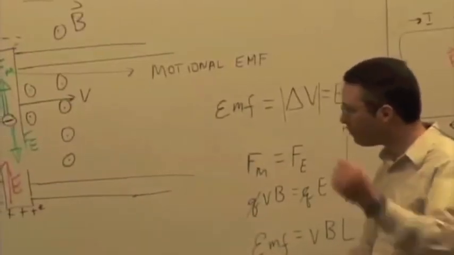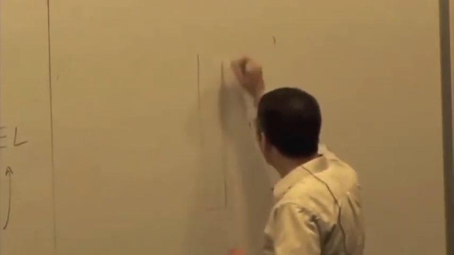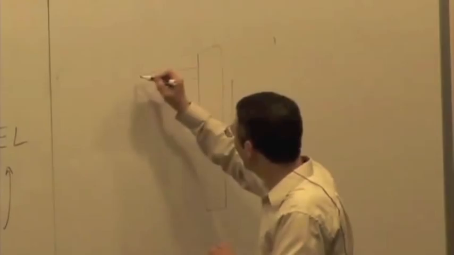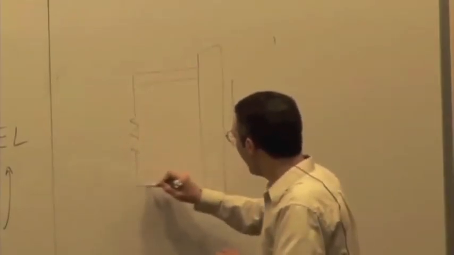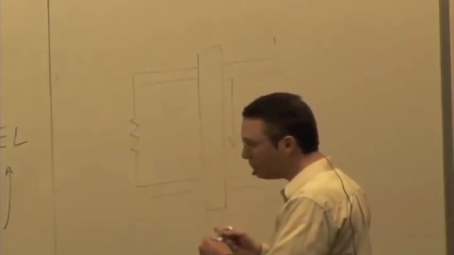So if you just look at the motion of the current, let's redraw this just to make the diagram a bit more clear. There's a current in this bar going down, and it's in the presence of a magnetic field everywhere in this region that is pointing out.